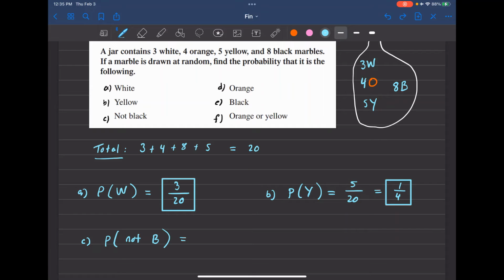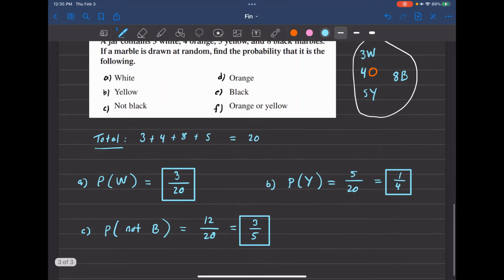That will be a total of 5, 4, that's 9, and then plus 3, that's 12. So 12 of them are not black, so that's 12 out of 20, which simplifies to 3 out of 5. So that's the probability that it is not black.